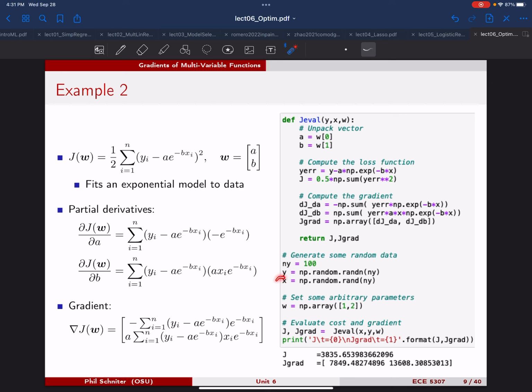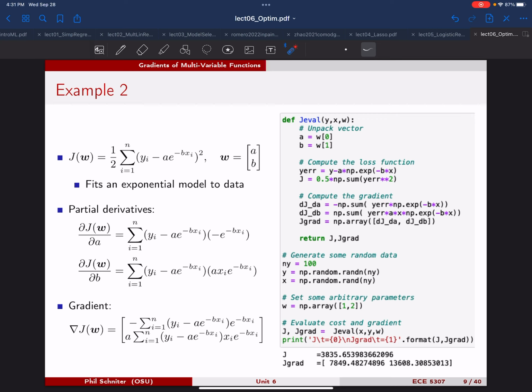We also have the same number of randomly drawn x values. Let's just choose an arbitrary a and b of 1 and 2. Now we can evaluate the cost and the gradient at that w based on this data, just by calling our function and printing the results.